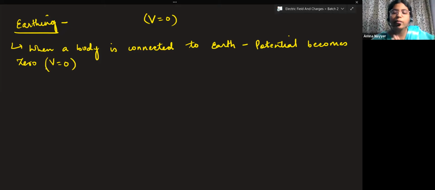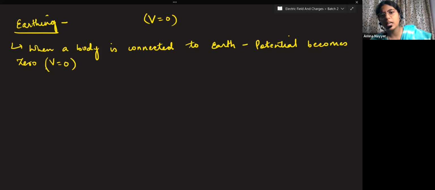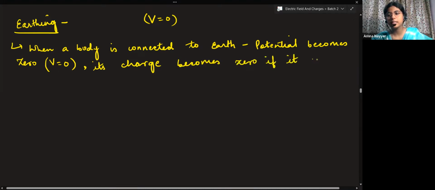Here, you just have to remember whenever a body is earthed, meaning a body is connected to earth, made in contact, connected through a wire by any means, then what happens? Its charge becomes zero, if it is free.